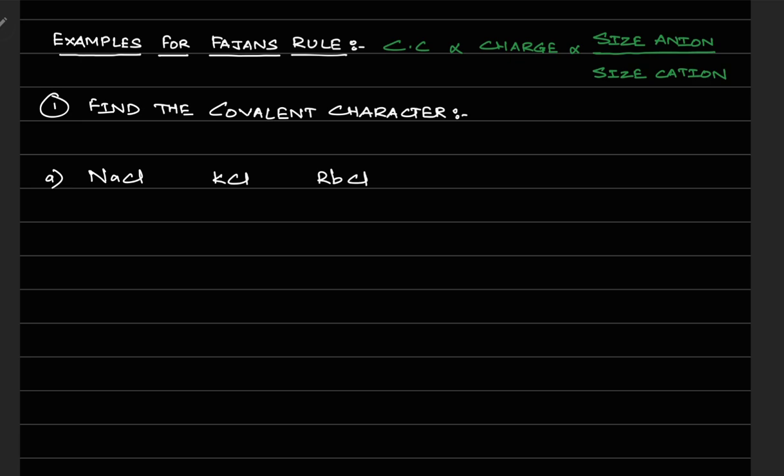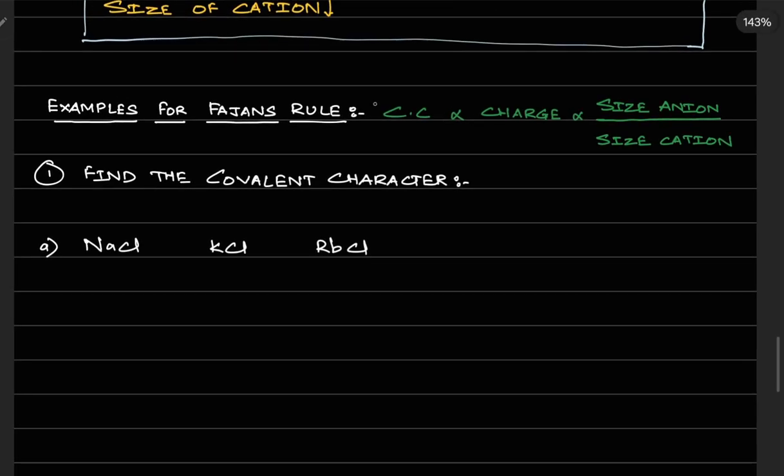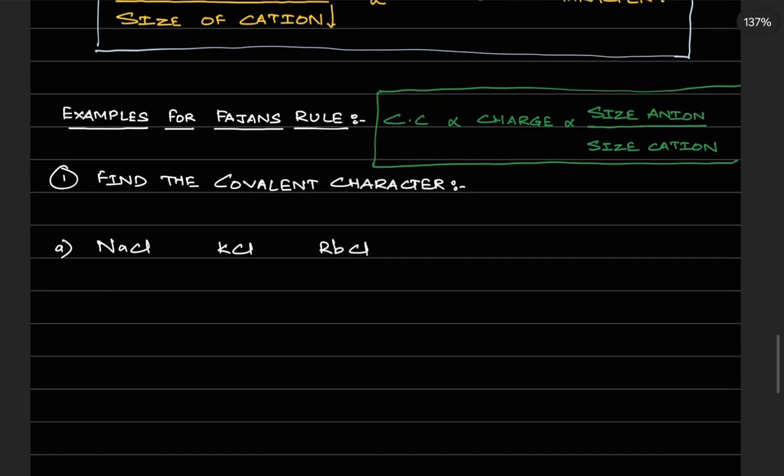So covalent character for an ionic compound is directly proportional to the charge of the cation and the anion, inversely proportional to the size of the cation, but directly proportional to the size of the anion.